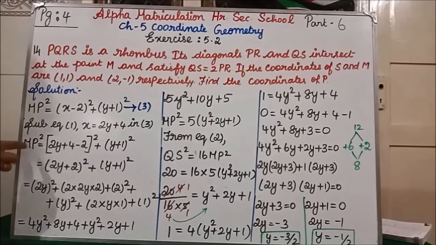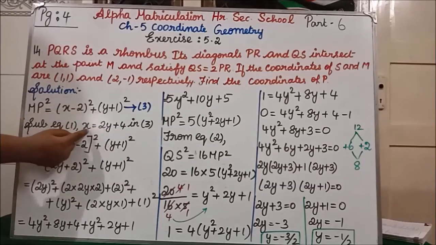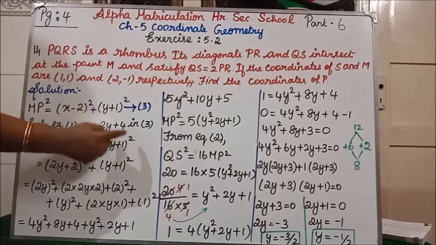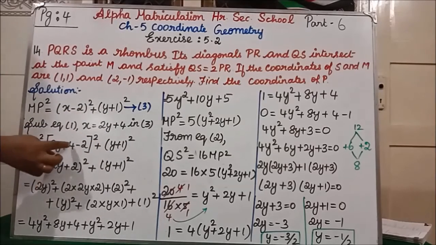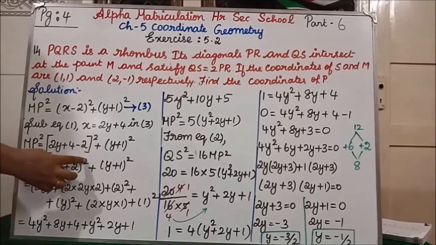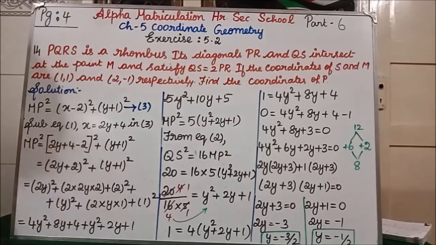Clear? So now I am writing MP square equal to, instead of this x, the value we have is 2y plus 4, minus 2, the whole square. Similarly, I am writing this as such. Next, 4 minus 2 is 2, so (2y plus 2) the whole square plus (y plus 1) the whole square.